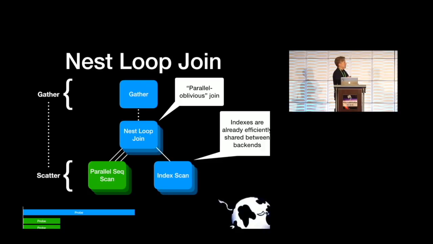But if you have a gigantic scan, like in this slide here, joining against a whole ton of different indexed things, you can do that right now. The difference is that there's multiple scans, so it's not like a query tree. It's like a graph.